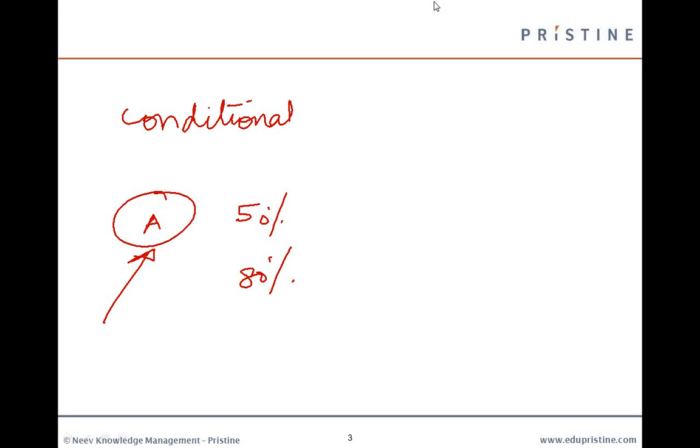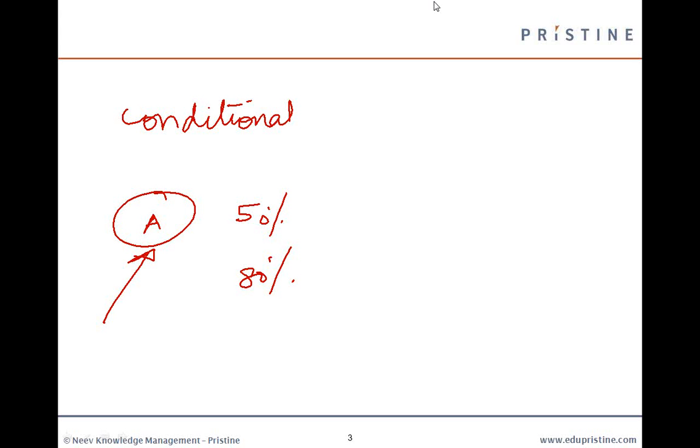Now let's quickly go through this again. When I ask what is the probability that, let's say A denotes India beating England, this is the event of interest. Obviously the random variable here is the result of the India-England cricket match, which is uncertain. You never know whether India will beat England or not.